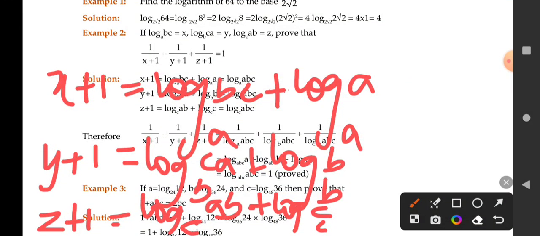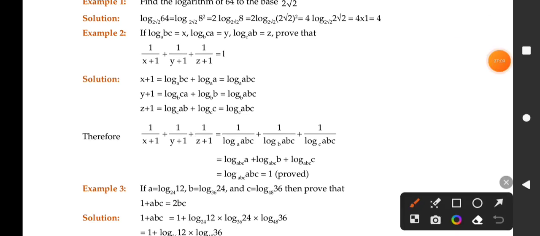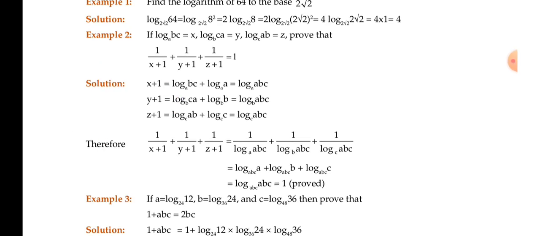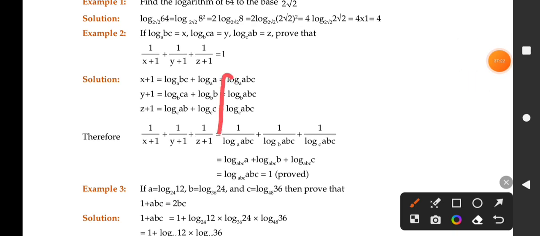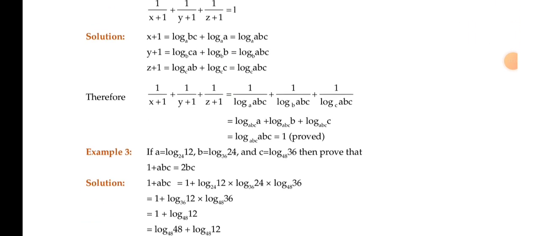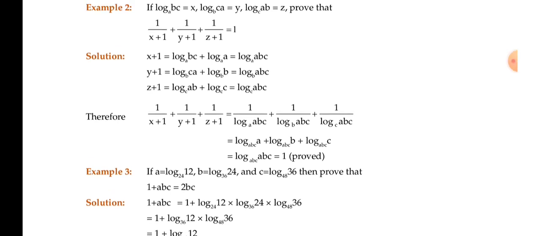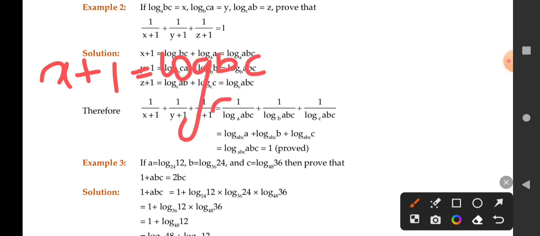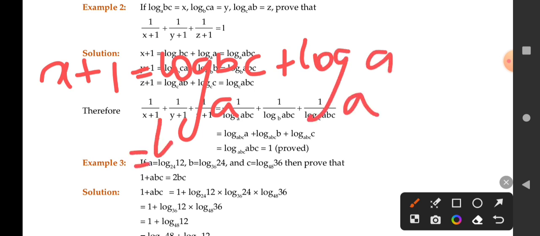Now let me expand the x plus 1 form first. x plus 1 was log BC to the base A plus log A to the base A. What is the property?